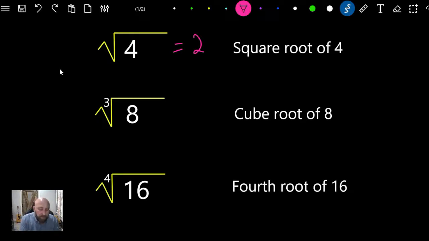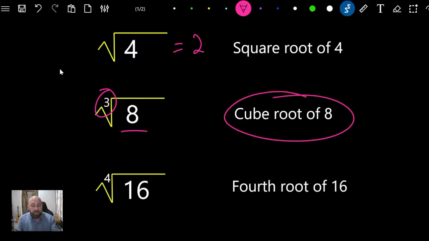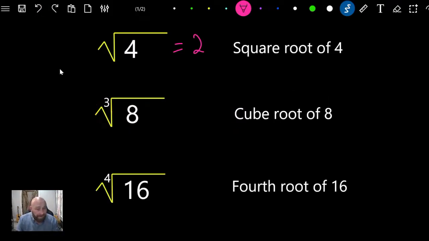The next one here, we have what's called the cube root of 8. And that's how we say that. Cube root of 8. I guess you could also say the third root of 8 if you wanted, but nobody really says that. If there's a cube, they just say cube root of 8. But technically, you could also say the third root of 8. And let me show you something cool. The cube root of 8 is also 2. Why is that the same answer?